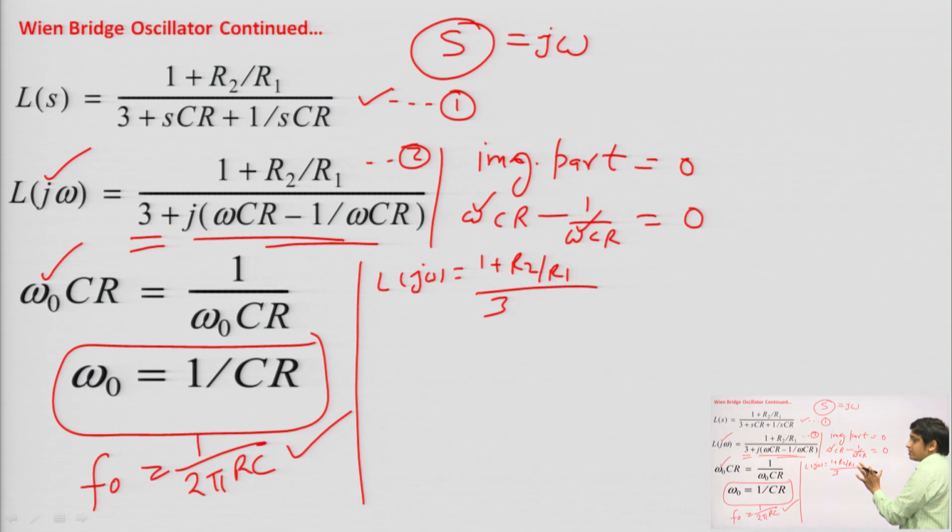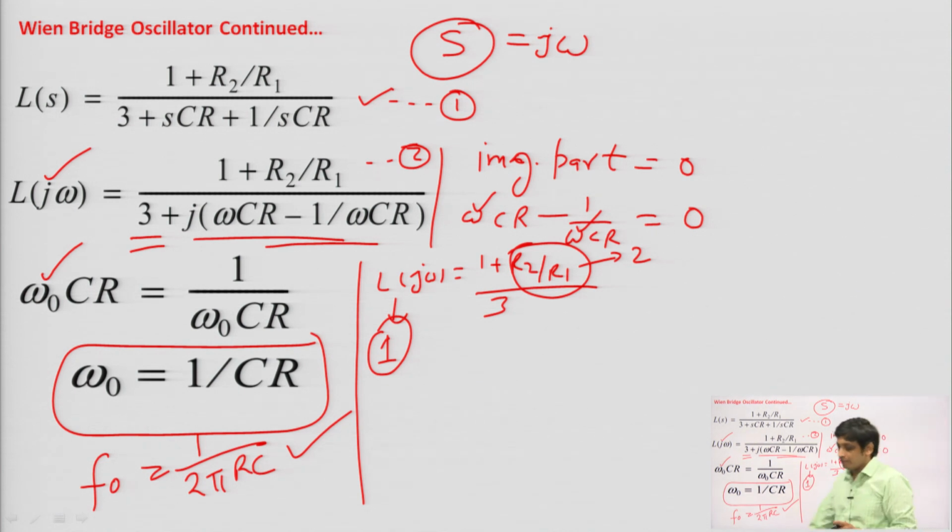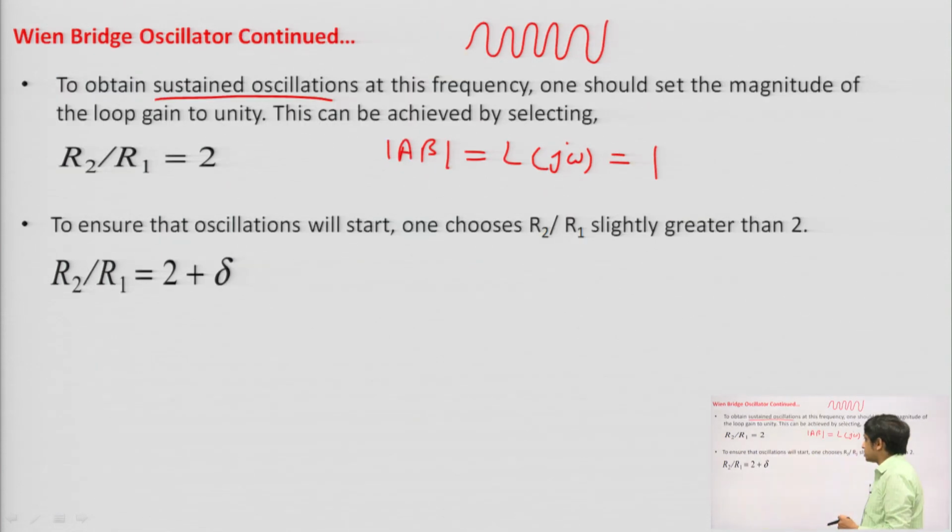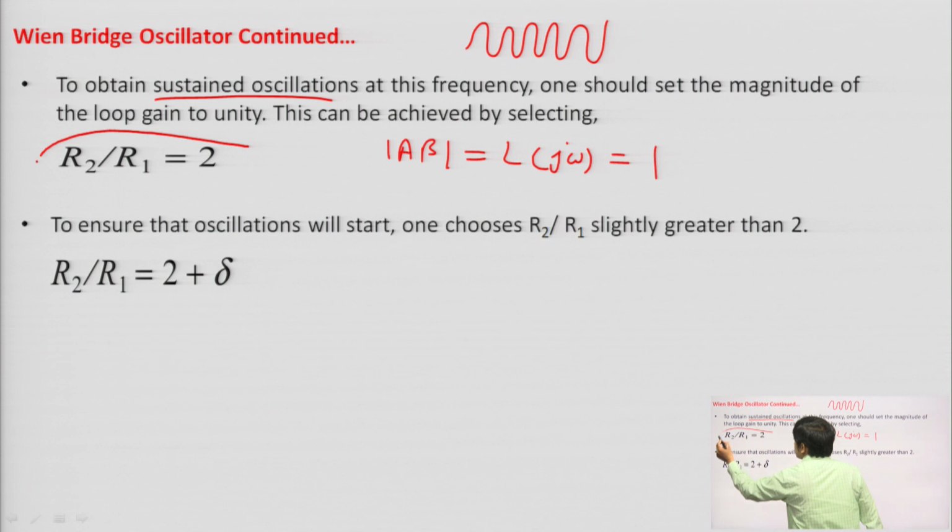So, you can see in which case this loop gain will be 1: only when R 2 by R 1 is 2, then 2 plus 1 is equal to 3, 3 upon 3, that is equal to 1. That is why for the Wien-Bridge oscillator, for sustained oscillations, R 2 upon R 1 should be equal to 2.